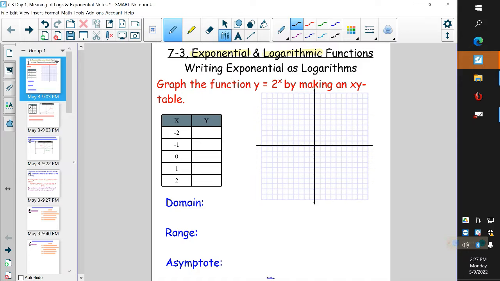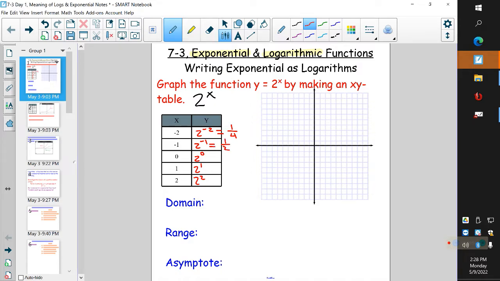Okay, so let's go ahead and plug in a couple values here for you to be able to see 2 to the x. So if I'm graphing 2 to the x, I'm going to have 2 to the negative 2, 2 to the negative 1, 2 to the 0, 2 to the 1, and 2 to the second. 2 to the negative 2 means it goes down to the bottom and becomes 2 squared, which is going to be 1 over 4.